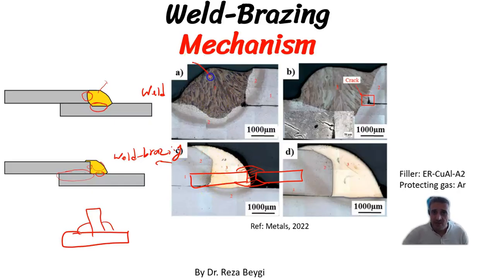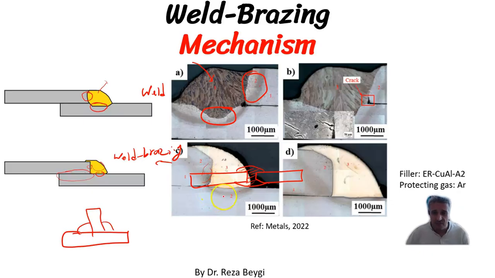Here the filler material should be compatible with the base materials because the base material is melted and is mixed into the fusion zones, so they should be compatible. You can see here the fusion of the base materials, but here in weld brazing we don't have any fusion of the base material.